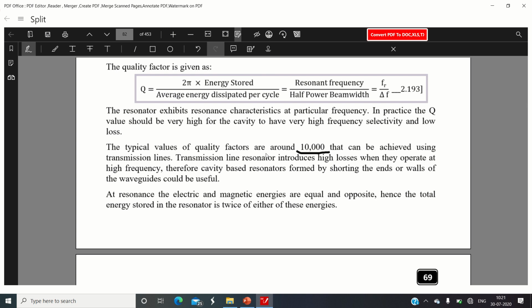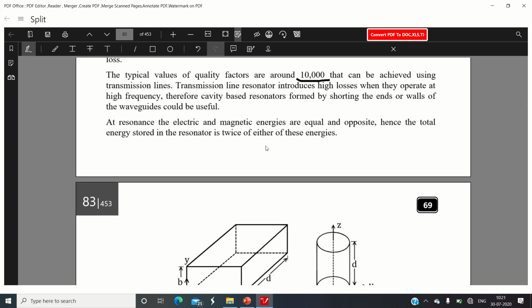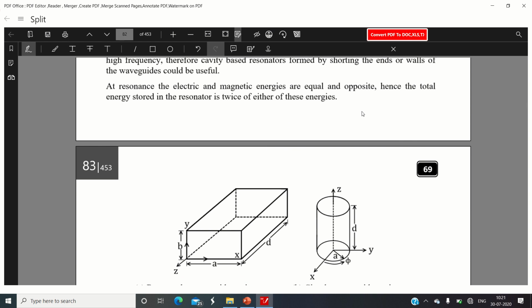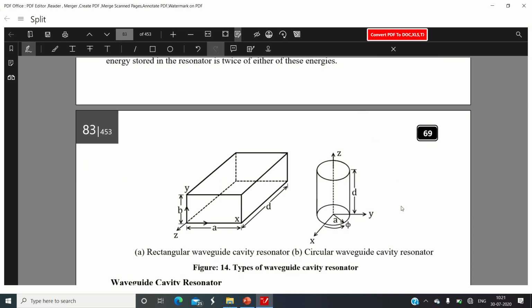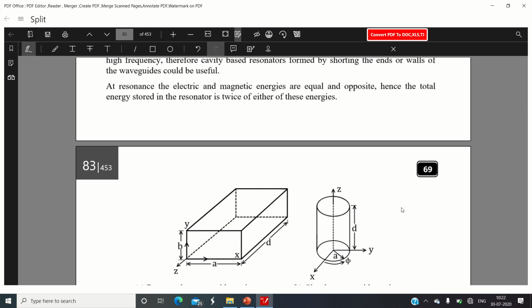At resonance, electric and magnetic energies become equal, and hence they tend to cancel each other, and the resonator circuit will become purely resistive. Please remember. So how to construct a resonator? Resonators can be constructed using a transmission line, as well as using waveguides.